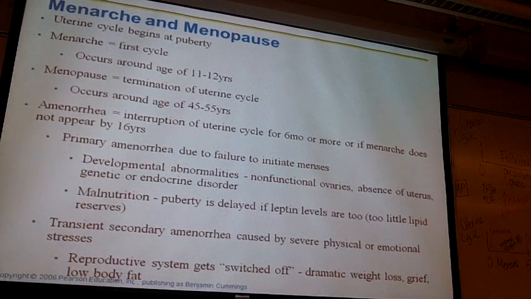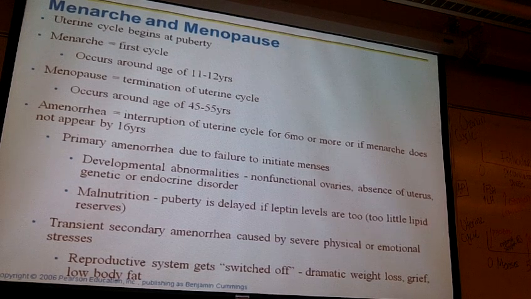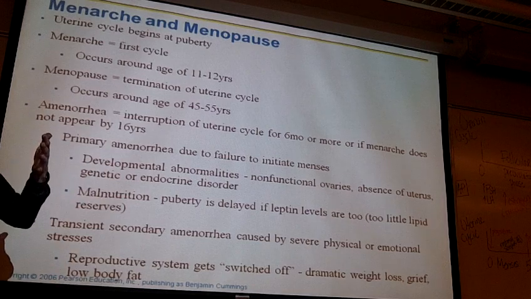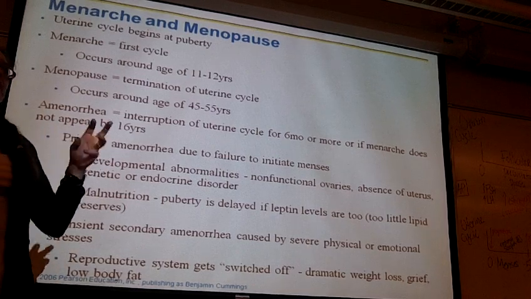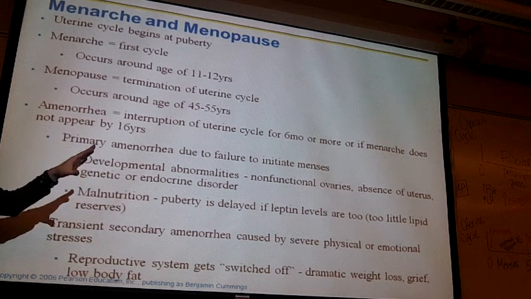And the reason females are starting puberty earlier, there are two main reasons for that. There are more estrogens than ever in our water supply, and a lot of that's due to pharmaceutical drugs going into our water supply. So having estrogens in our water supply will trigger this cycle to start.